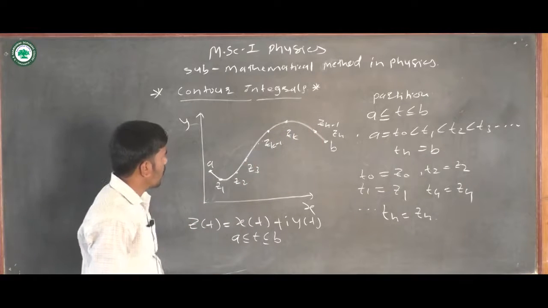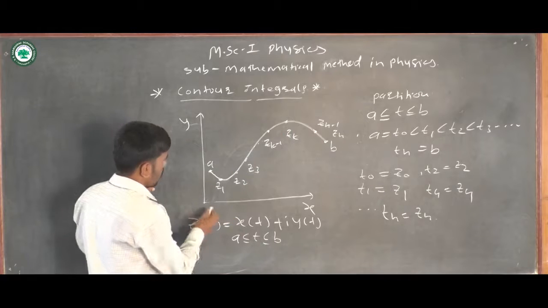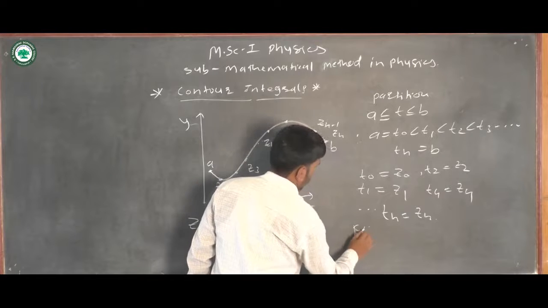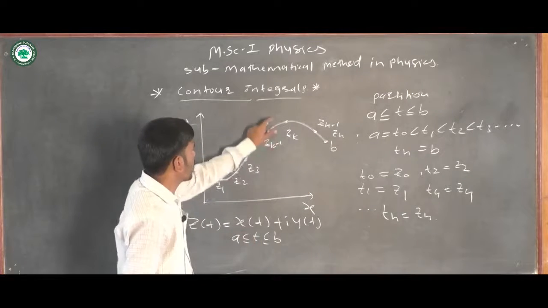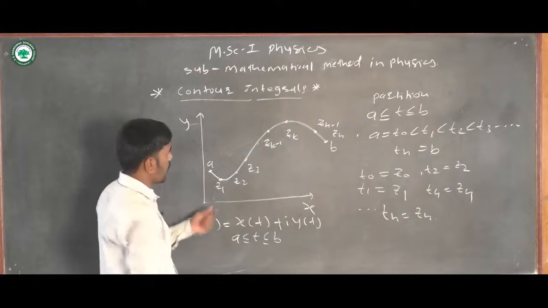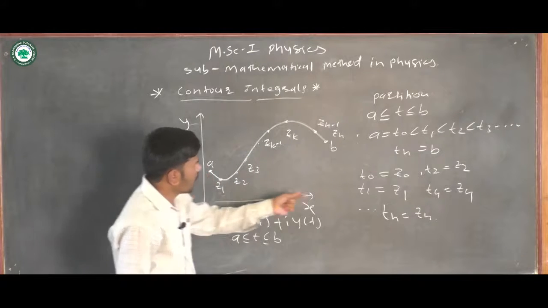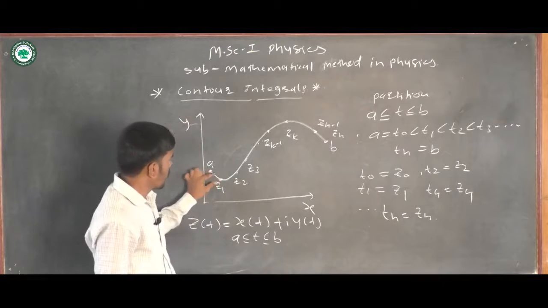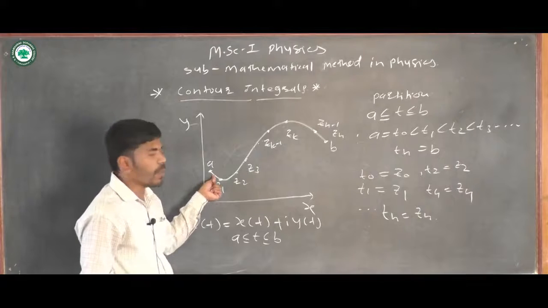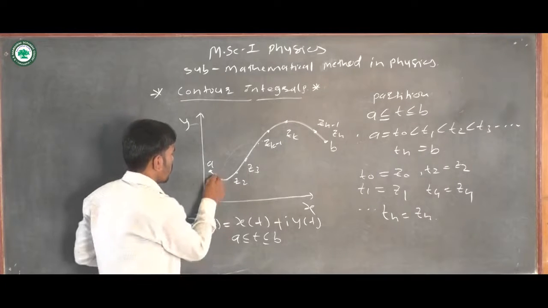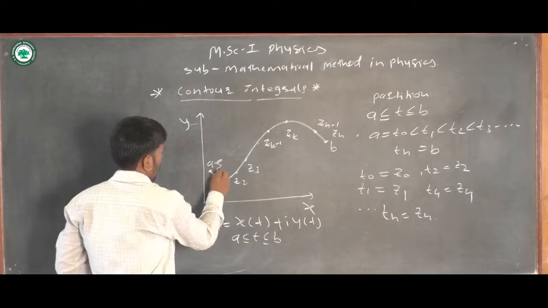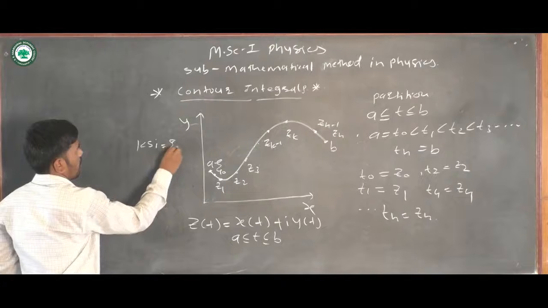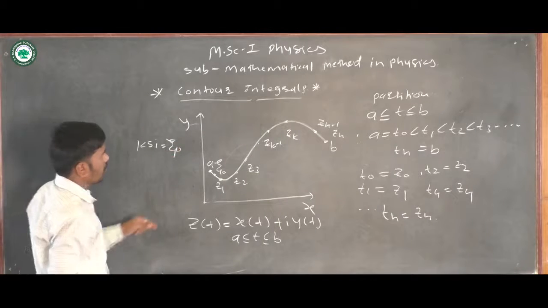Okay, so now this f of z. I am considering here one arbitrary point first between any two intervals. Suppose z0 and z2, this is the interval. Between this interval I consider one arbitrary point, that is psi naught.